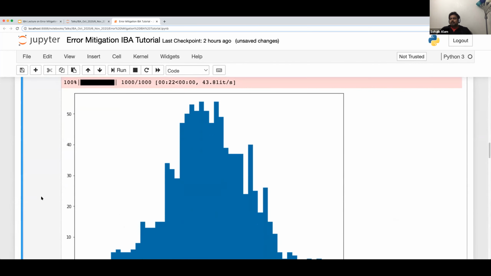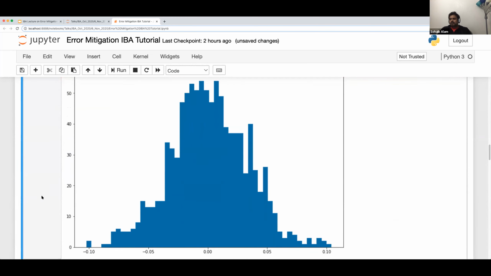something that looks like a bell-shaped curve. We computed that the ideal expectation value should be centered around, in fact equal to, 0. So in a typical experiment, by which I mean I run the quantum circuit for 1,000 shots, if I collect bit strings and compute the expectation value, I should get some value quite close to 0.00.